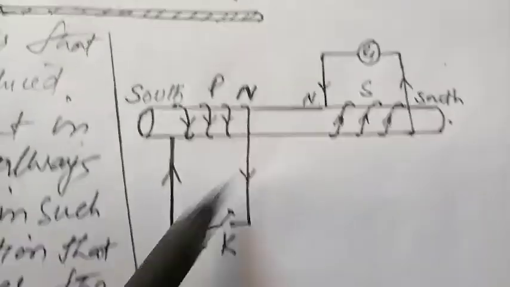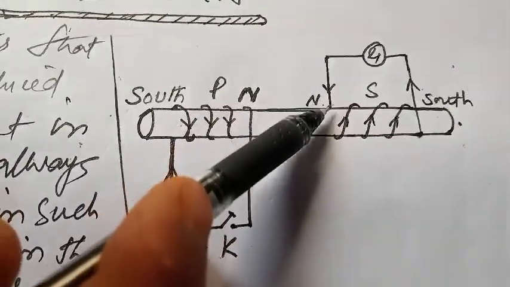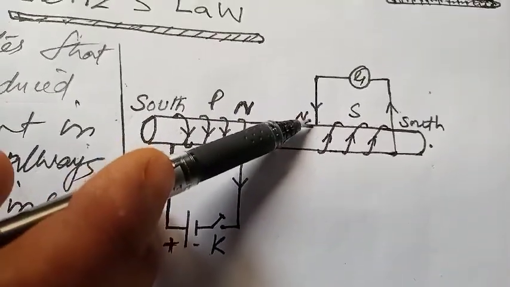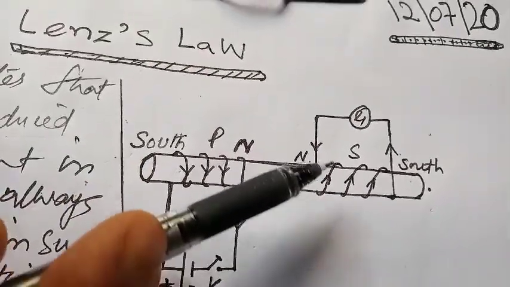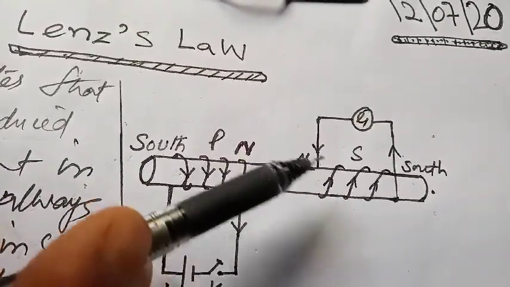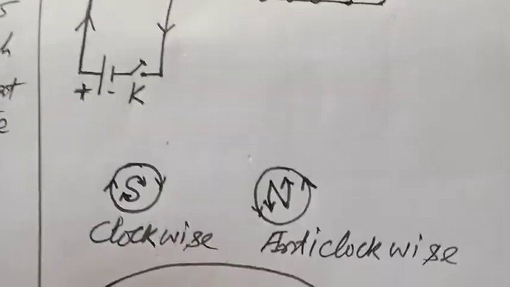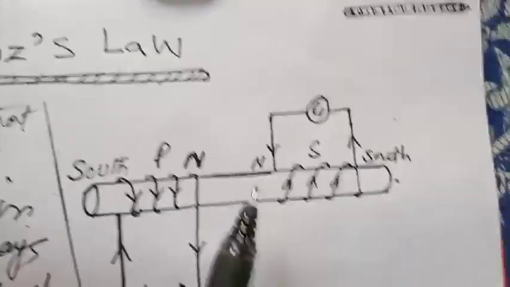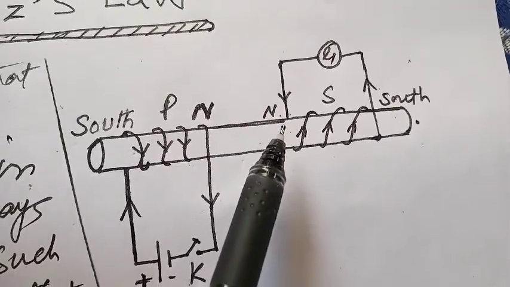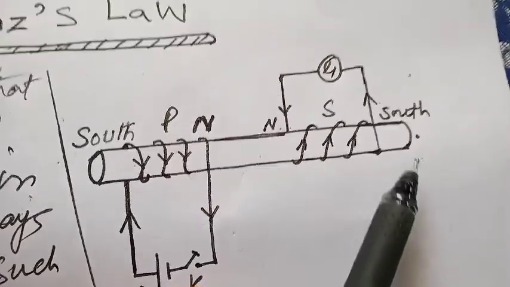That is possible only when this face of the secondary coil becomes north and the other becomes south. That is why, if we see the coil from the left side, the current should flow in the anti-clockwise direction. That means it becomes the north pole, and the other becomes the south pole.